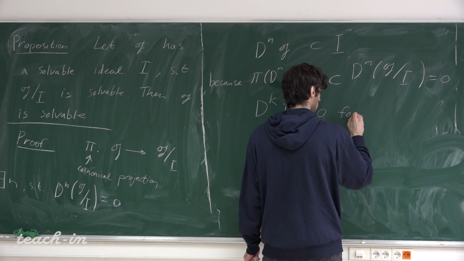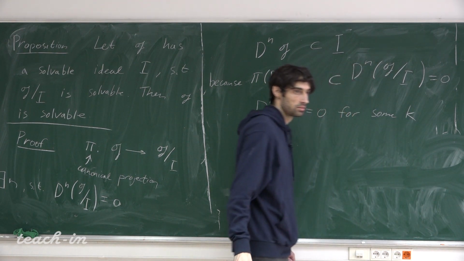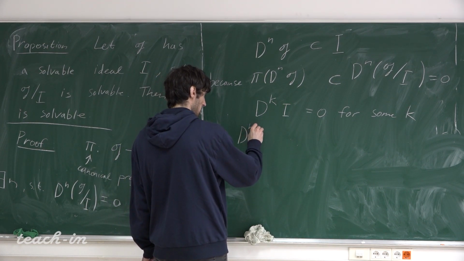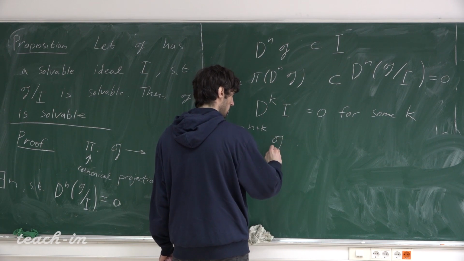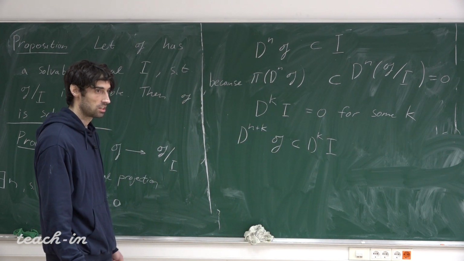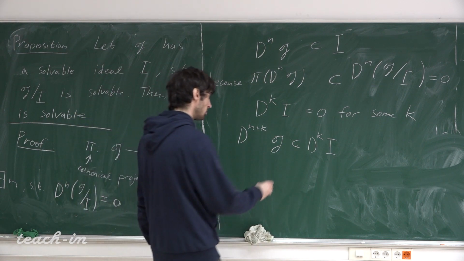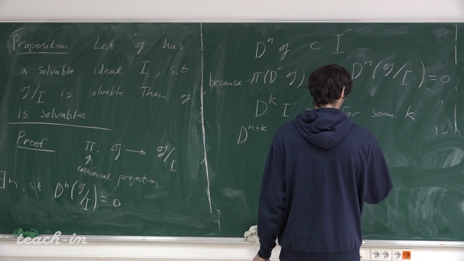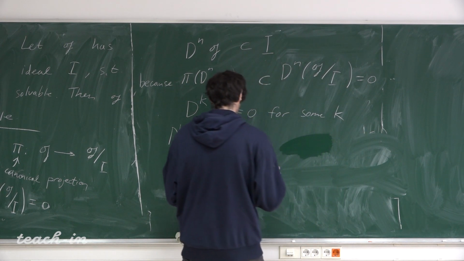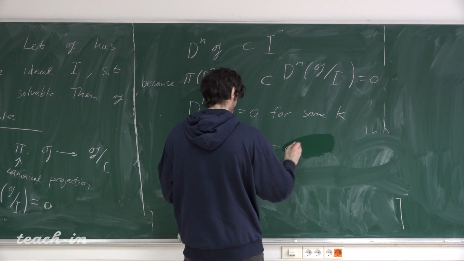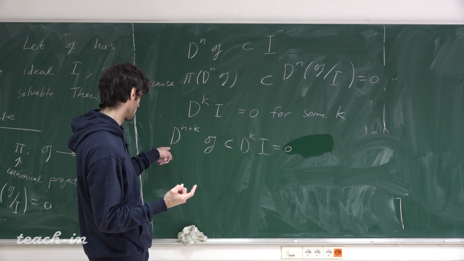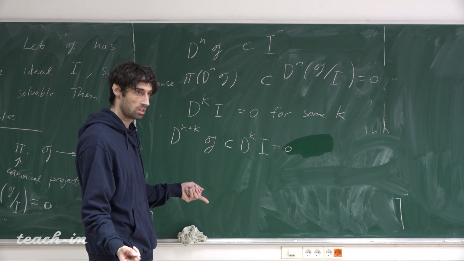But d^(n+k) of G then lives inside d^k of I. So this is 0, and we are done, because there exists some integer n plus k such that the (n+k)th element in the derived series is 0. Therefore, G is solvable.